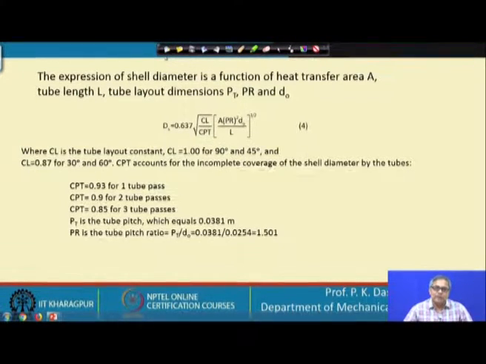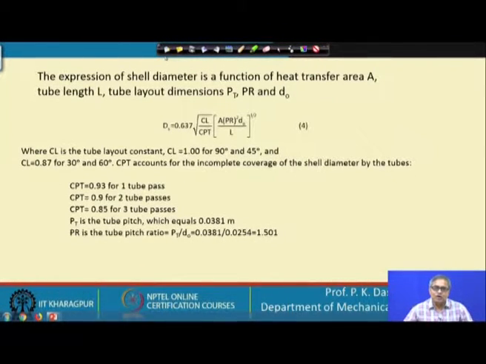Now, I have told how to select, or what could be the guideline for selecting, the inner diameter and outer diameter. Similarly, there is some sort of judgment to be taken on how you can select the pitch. See, if you make the tubes closer, then there will be very little path for steam flow.